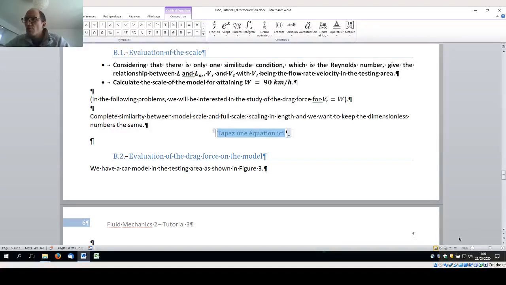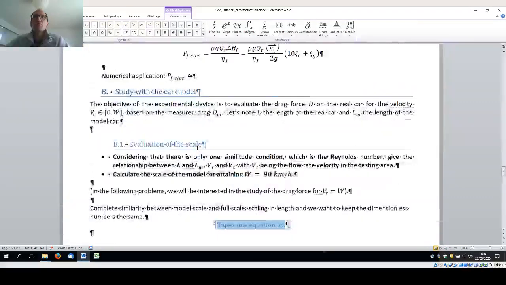So one of you found 0.9 megawatts. That's it for the first answer. So maybe I can just put the value if some of you want to.